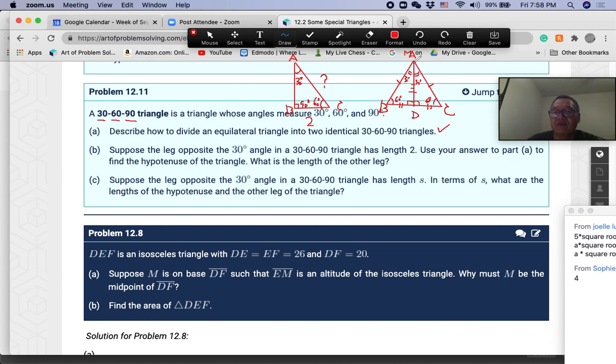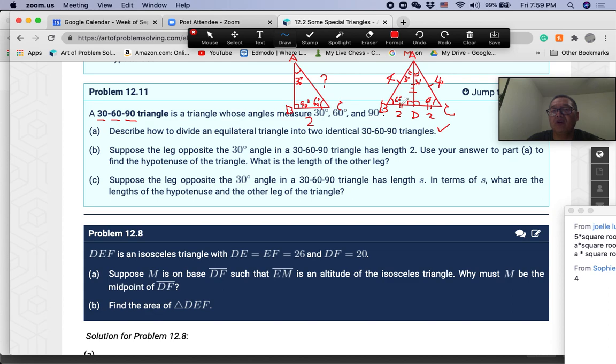Because in an equilateral triangle, we just connect A with the middle point of BC, then we get these two right triangles. They are 30, 60, and 90 degrees, right? Now, if this BD equals 2, this DC also equals 2, that means the hypotenuse will be 4, right?